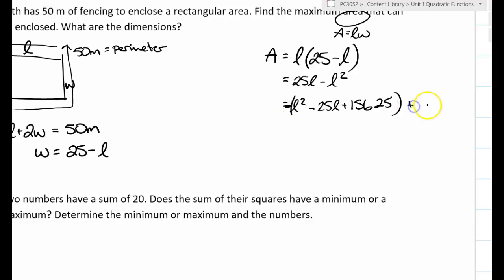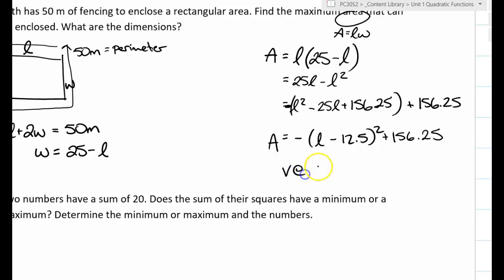So I'm going to add it out here, 156.25. So my final answer, in terms of my equation, is negative (L minus 12.5) squared plus 156.25. Okay, well, what does that mean? It means that my vertex is at 12.5 and 156.25.